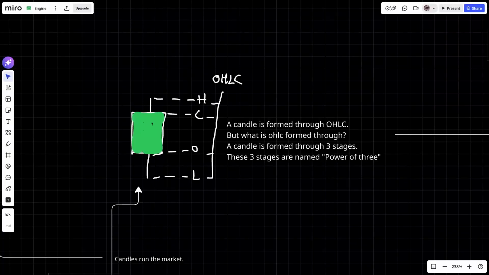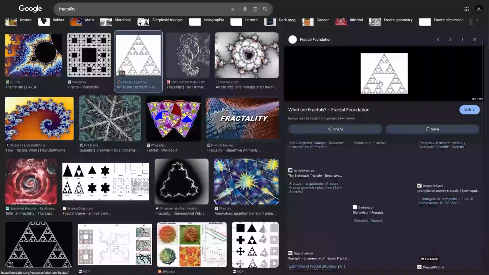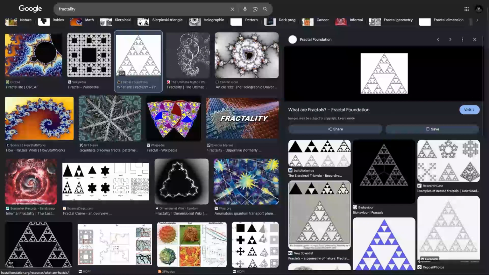This is the most known one. You can find stuff like this. And this is quite literally how markets are run. The more you zoom in, the more you see the same pattern. Doesn't matter how deep you go in or how far you go out. It's an infinite pattern that constantly repeats.